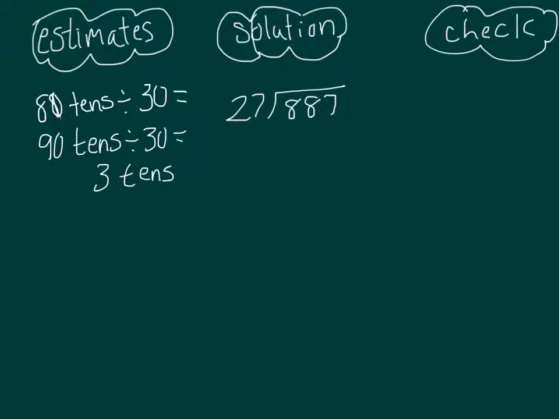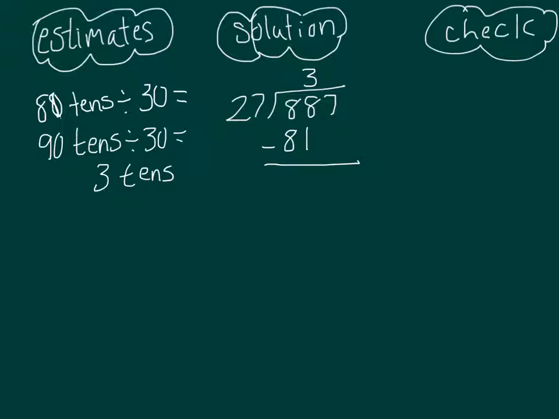So coming over here, we know that 3 tens times 27 is 81 tens. So we're going to put our 81 in our place value.